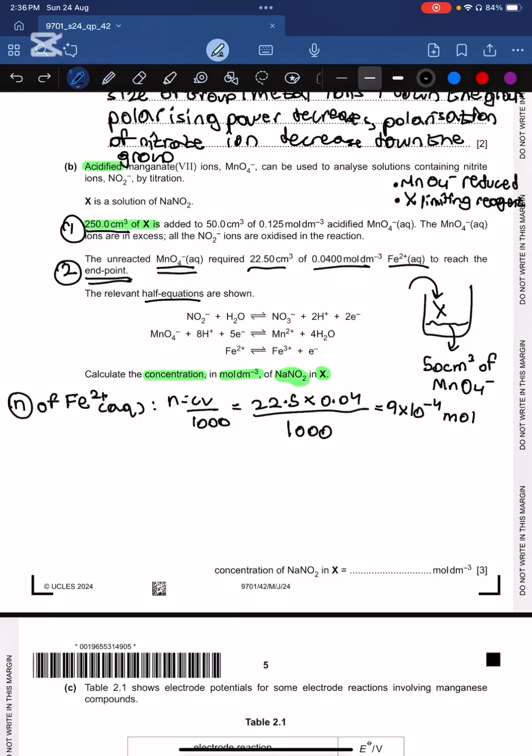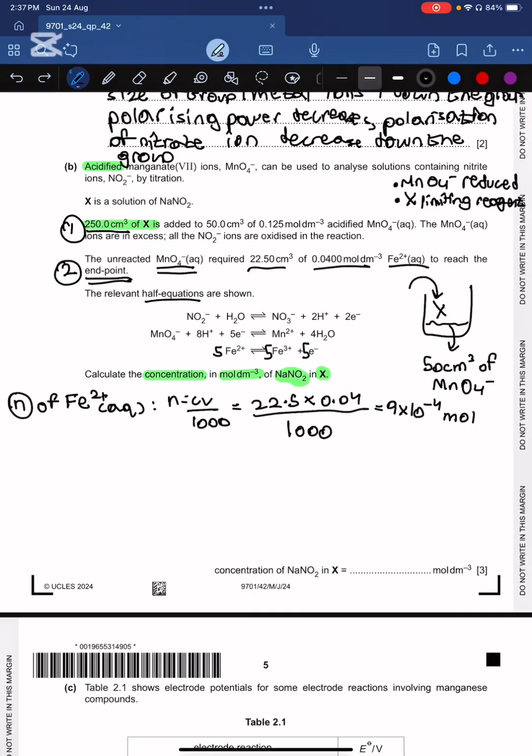So let's balance it. Multiply this entire equation by 5. It becomes 5 Fe2 plus to give 5 Fe3 plus and 5 electrons. Now multiply this entire equation by 1, making 5 electrons and 5 electrons. Now I'm going from 5 Fe2 plus to MnO4 minus.